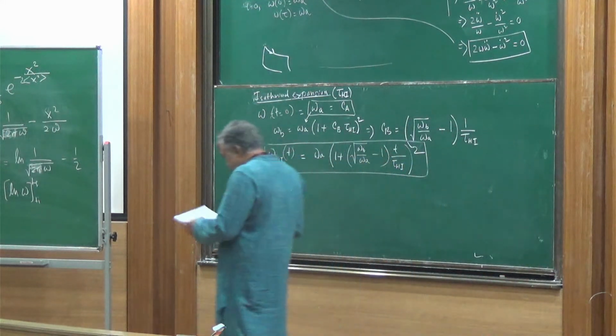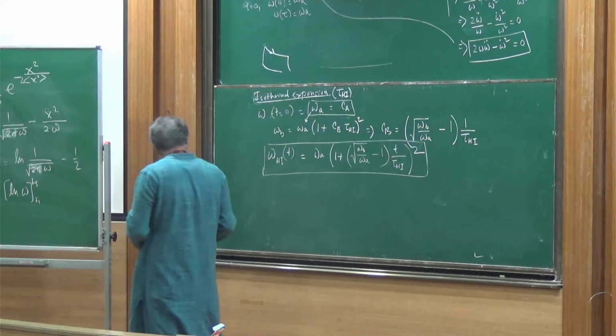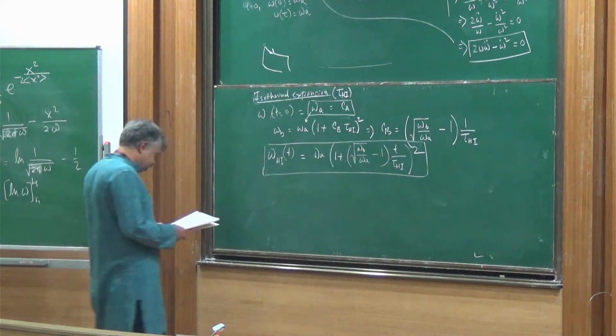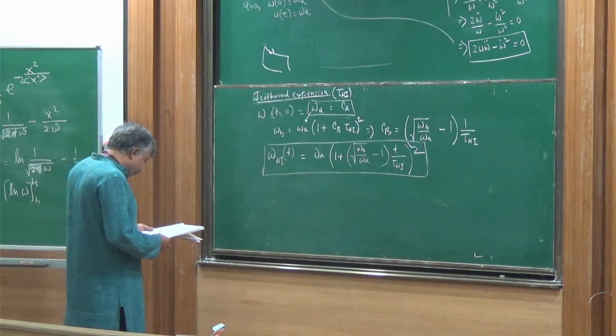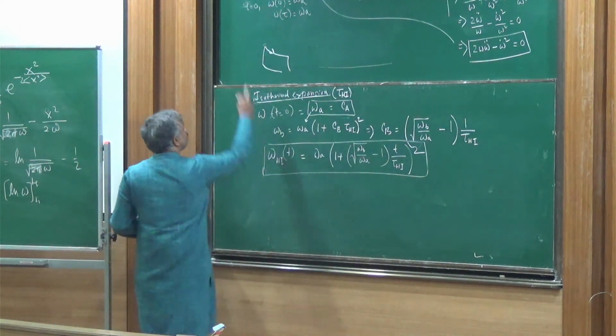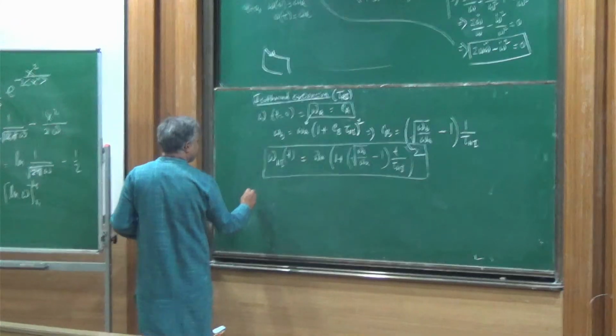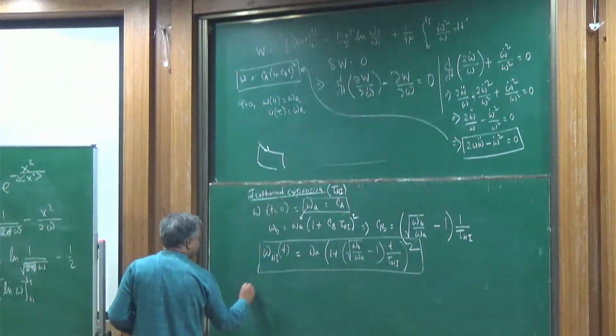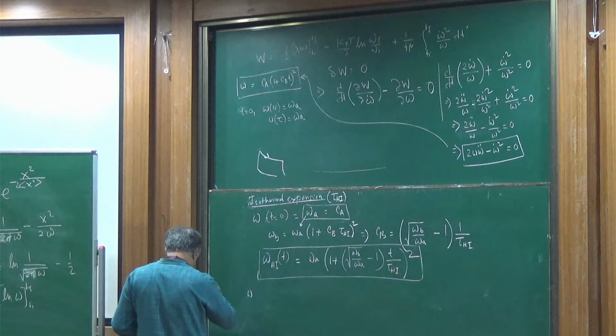Okay, let me. So what about then? This solution now I am trying to find for the cold isothermal omega.